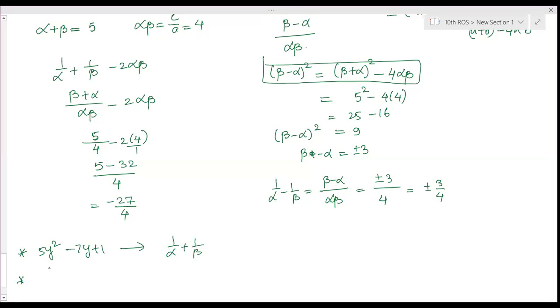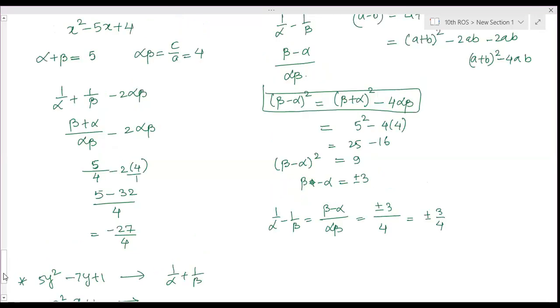Yes, Krishna Maya. Apparently, Jyoti got disconnected and she wants you to explain it once more. Use this polynomial and substitute the values for finding beta minus alpha. Beta minus alpha by alpha beta, this value you are supposed to find out.